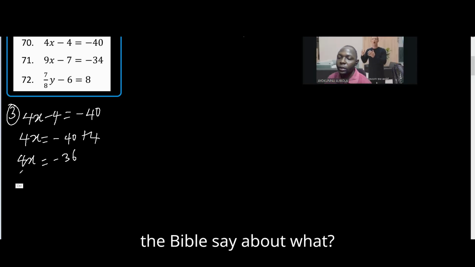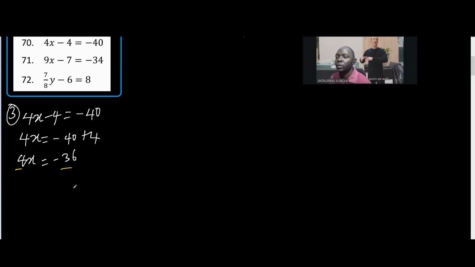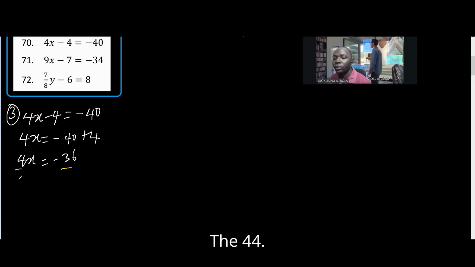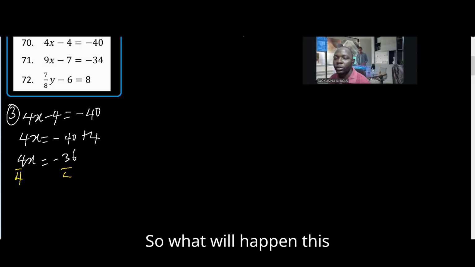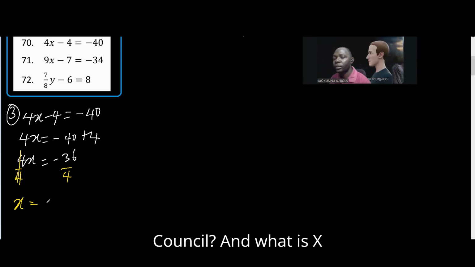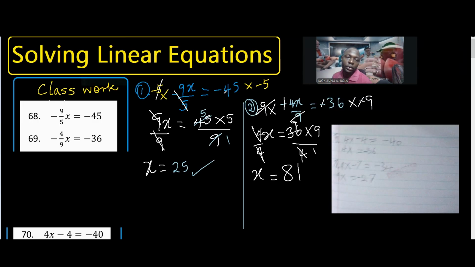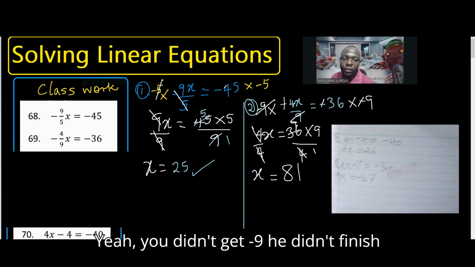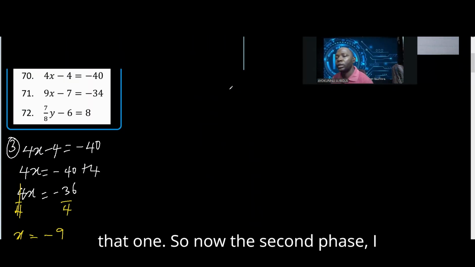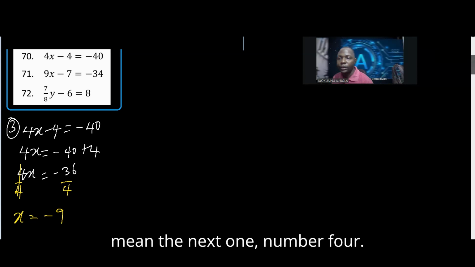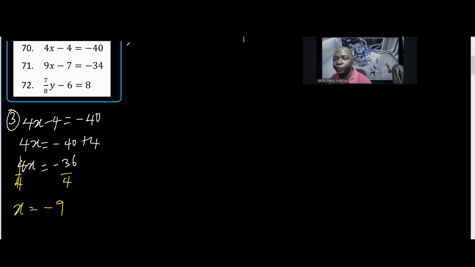Divide both sides by what? 4. So this cancels. Then what is x? Minus 9. You didn't finish that one. So now the second phase, the next one, number 4.